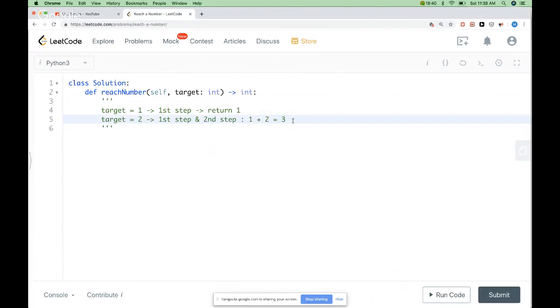So what can we do? We can do a third step where we go to the left. So if we do a third step left, these are right, and this one is right.